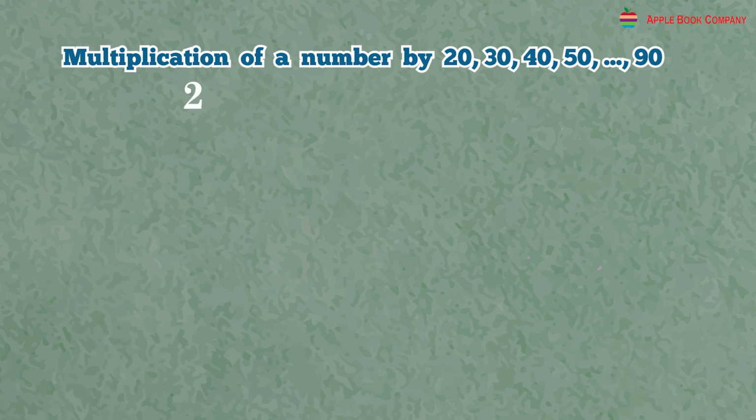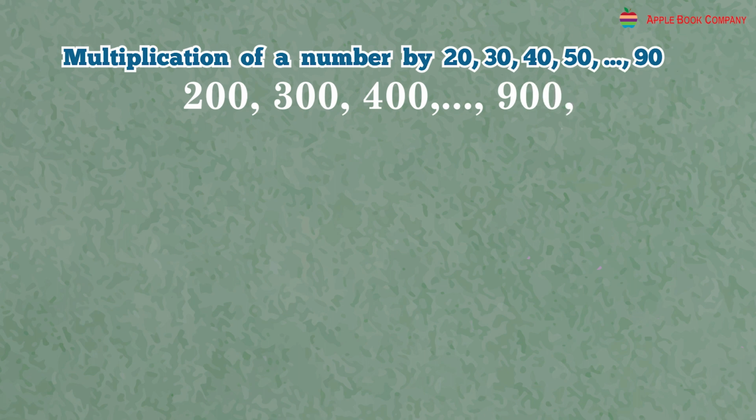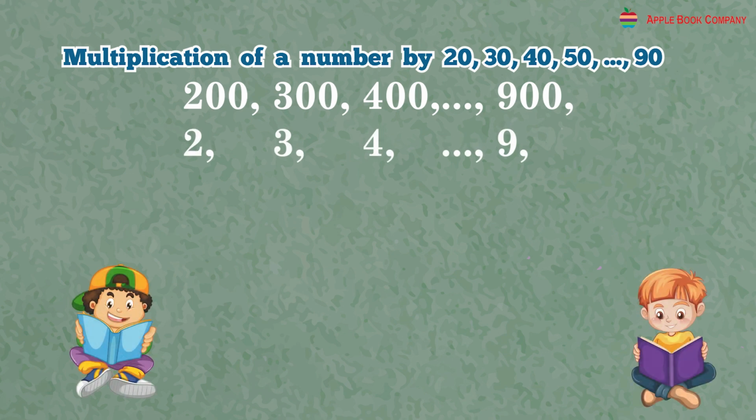Multiply a given number by 200, 300, 400, so on till 900. We multiply by 2, 3, 4, so on till 9. Then put two zeros to the right of the product of the number.